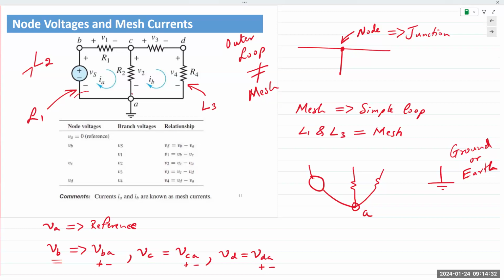We can describe each resistor voltage in terms of the node voltages. Let's take a 10-second pause while you think over the node voltage concept and let me know if you have any questions. Any questions at all? I'll move on.